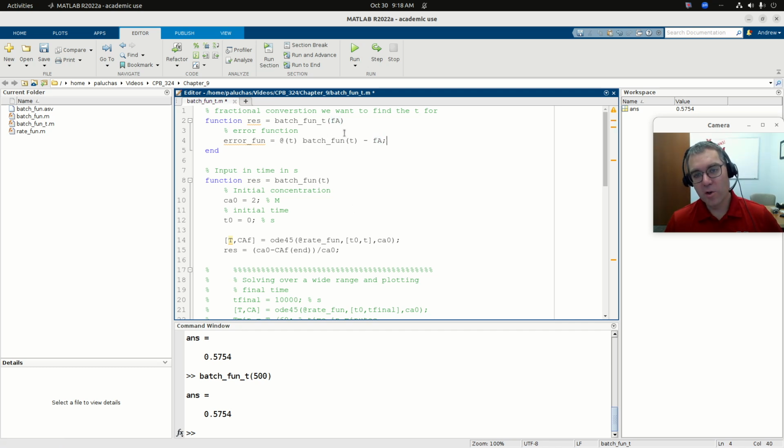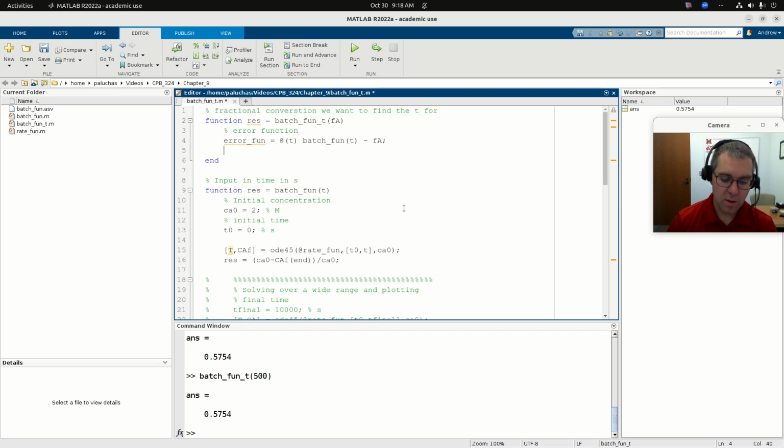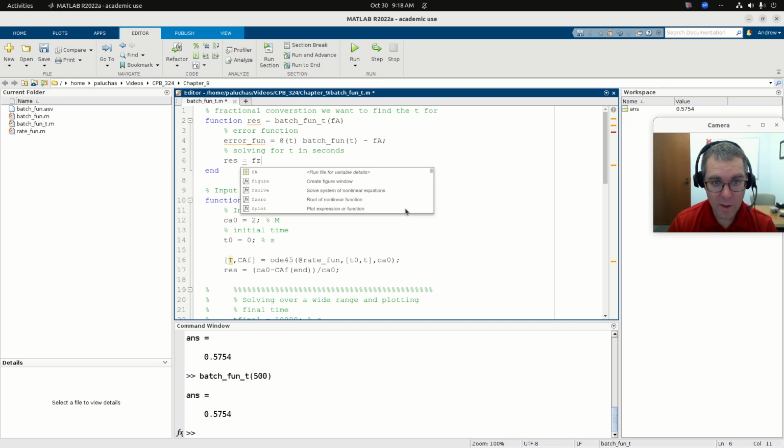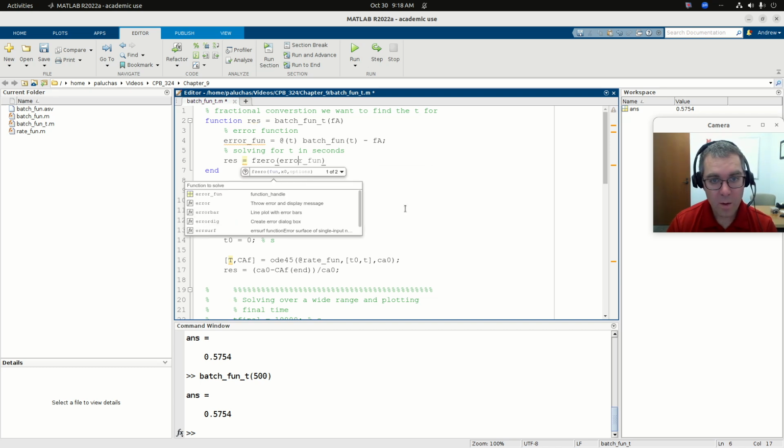So this is going to return back the value of my fractional conversion at time t, and I'm going to subtract from that the fractional conversion that I'm solving for. Okay, and so then in terms of solving, my solution, solving for t in seconds, it's going to be fzero error fun.